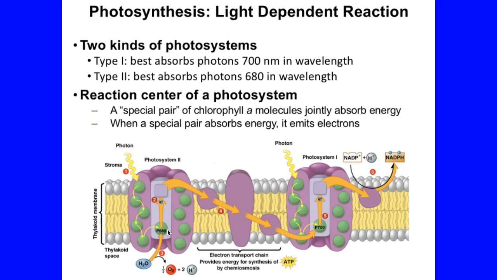From here, we already had electrons waiting to be shot up, but they needed the energy that came in from the light to shoot them to a higher energy level. Where did these electrons come from? These electrons came from this water molecule. Water got broken down into oxygen and hydrogen.